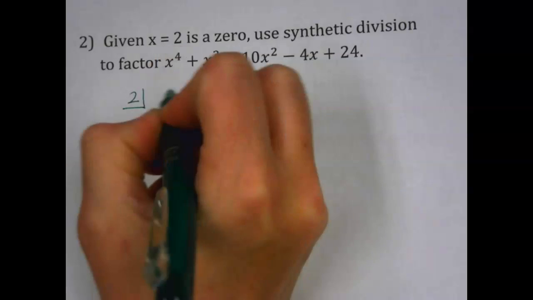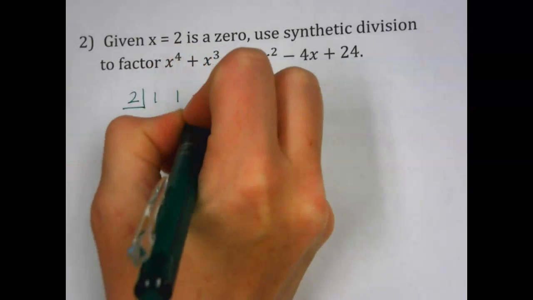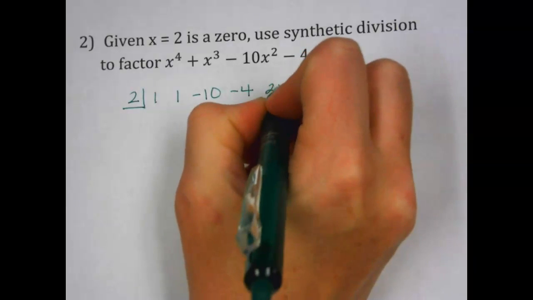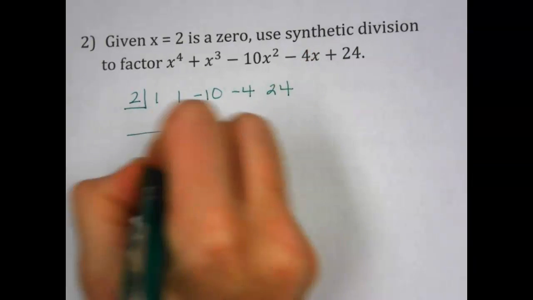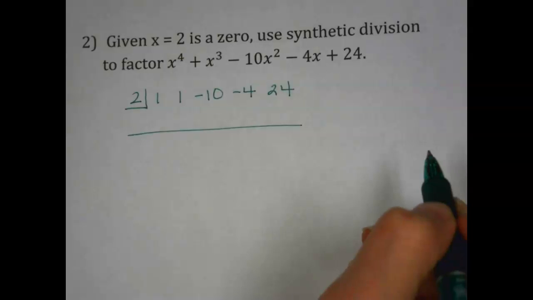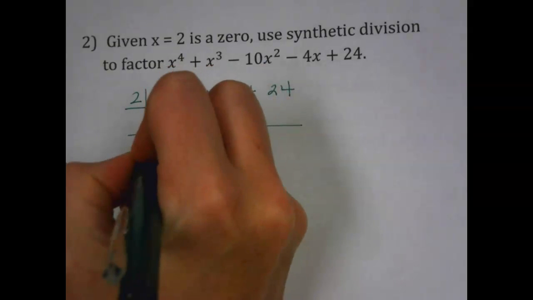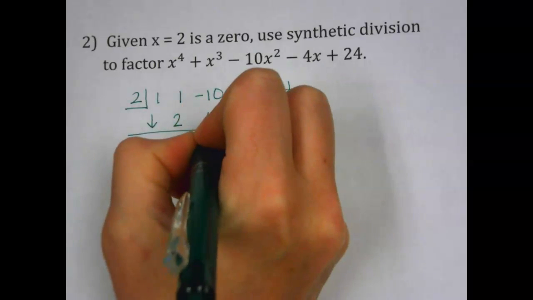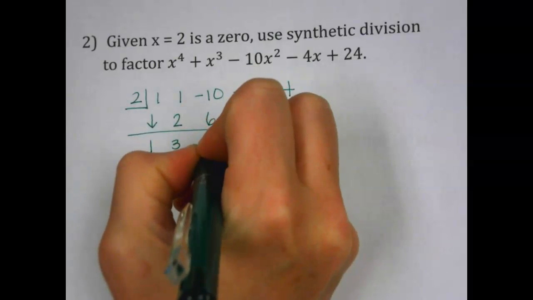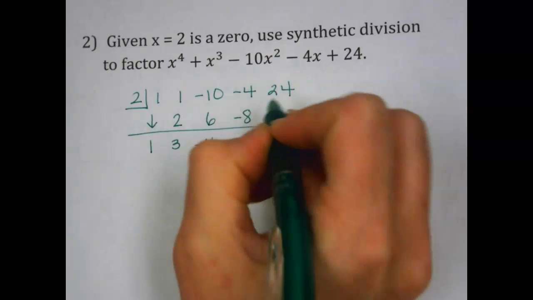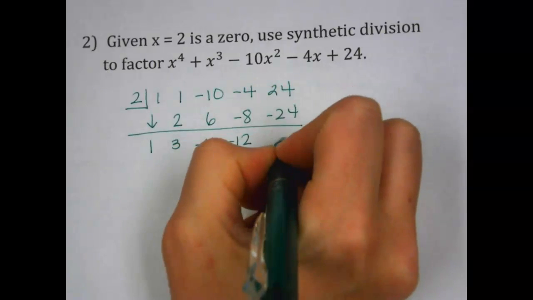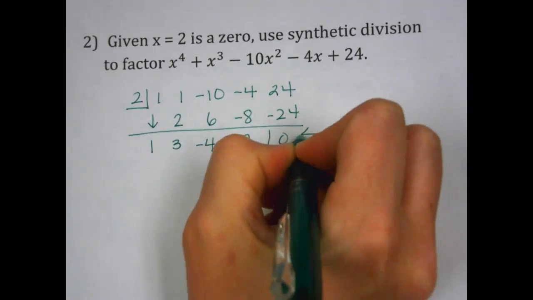So we have 2 that goes in, coefficients go across the top, checking to see if there's any terms missing that I might need to put a 0 in for, but there's not. Drop down my leading coefficient, multiply, add, multiply, add, multiply, add, multiply, add. And again, I got a 0 right here, which is good.